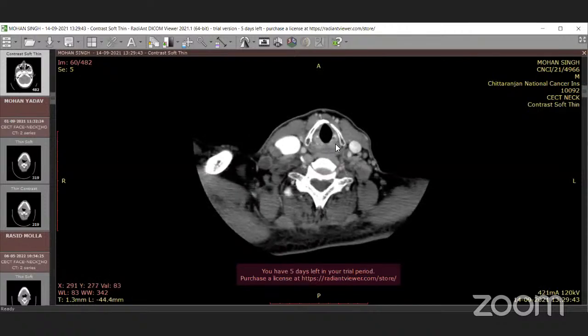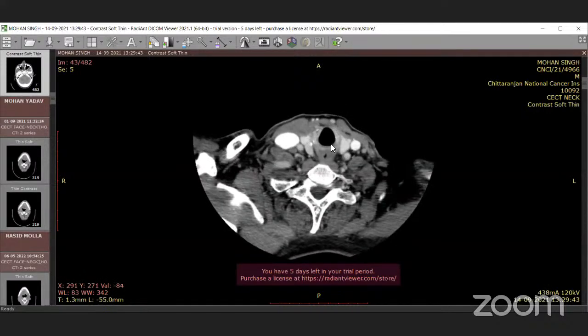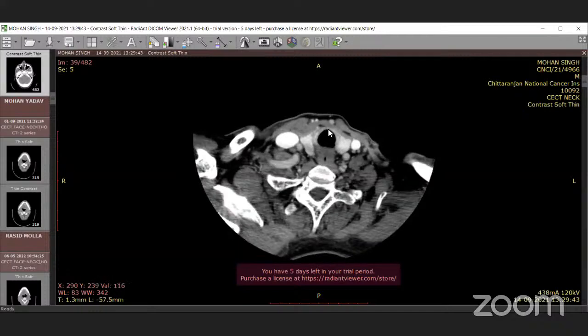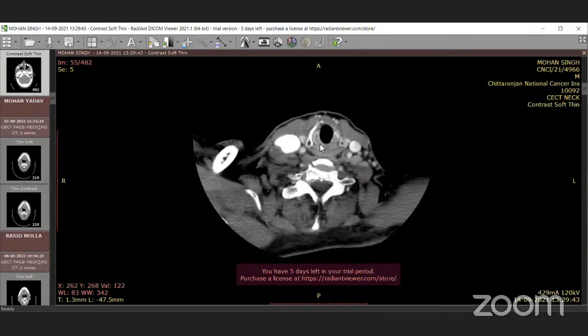This is the cricoid ring. Okay. As we go inferiorly, it is a complete ring anteriorly. And as we go superiorly, it is an incomplete ring with the cartilage being higher at the posterior aspect, forming the incomplete ring posteriorly. The mucosa always hugs the cricoid cartilage.